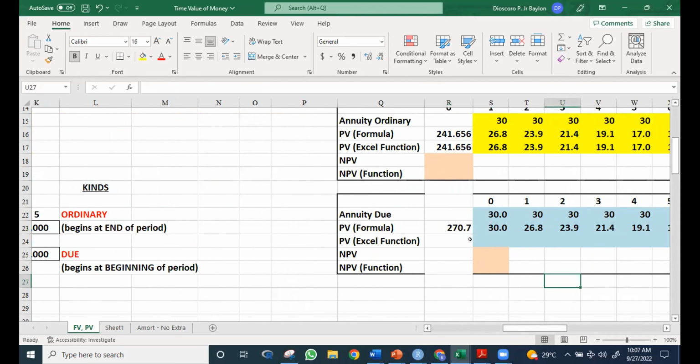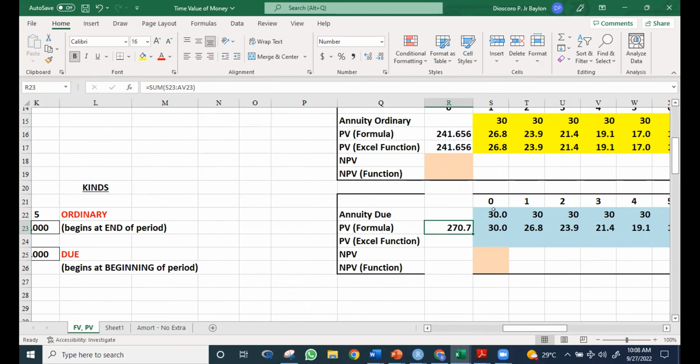And as expected, it should be higher than ordinary annuity. The present value of annuity due will always be greater than annuity ordinary. Why? Because the cash flow immediately starts.